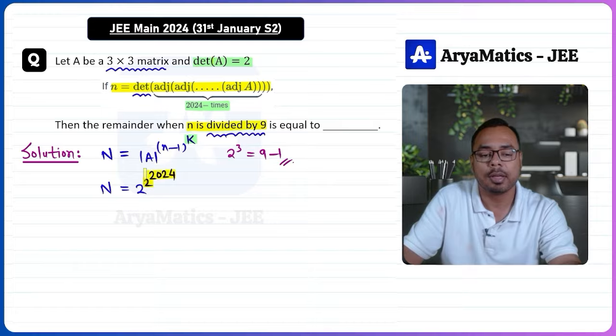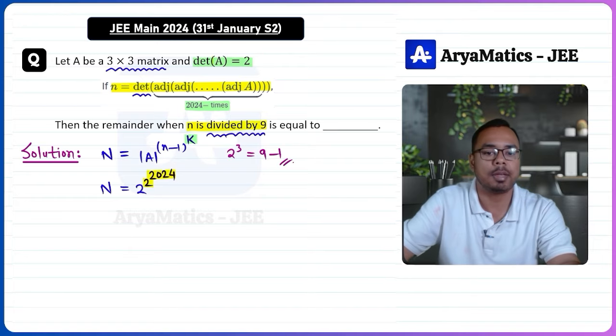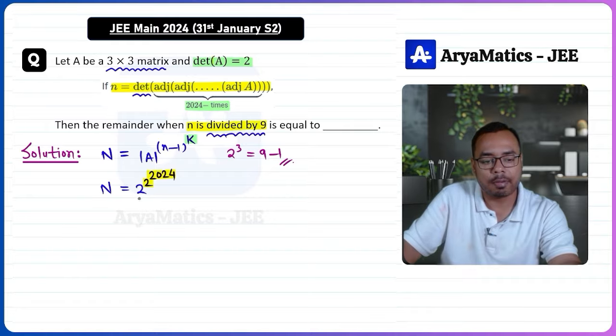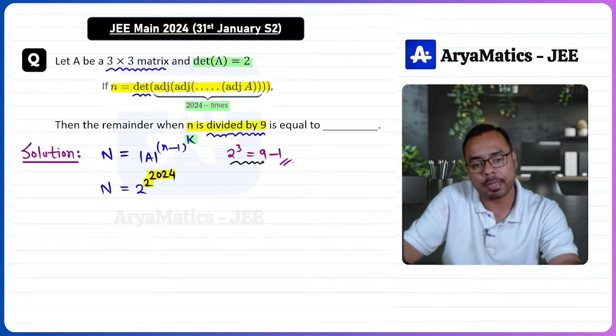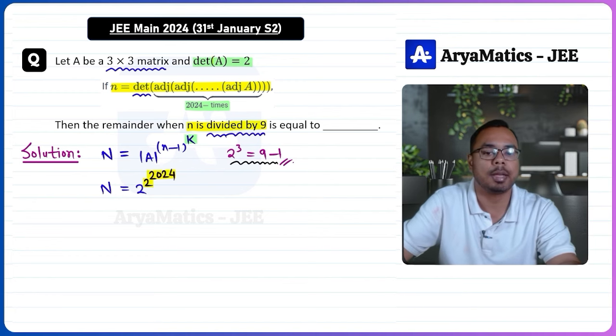So here basically first we'll try to identify this number 2 raised to 2024. We'll try to figure out whether 2024 is multiple of 3, multiple of 3 plus 1, or multiple of 3 plus 2, right? Because in that manner, we can write this as 2 raised to multiple of 3 plus something, and then we can use the binomial expansion because 2 cube is 9 minus 1 and we are dividing by 9.